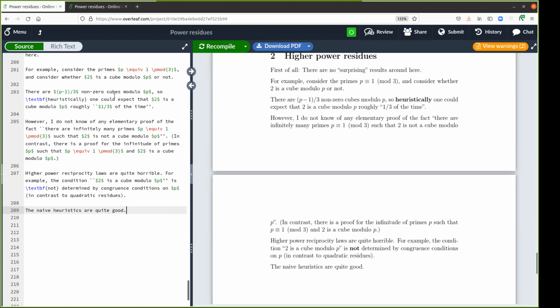For example, the heuristic I have given here, that 2 is a cube modulo p roughly 1/3 of the time, is correct. You can prove using some heavy tools that this is actually the case. So in some sense, there should be nothing surprising going on. And that's the main idea I'm trying to explain here.